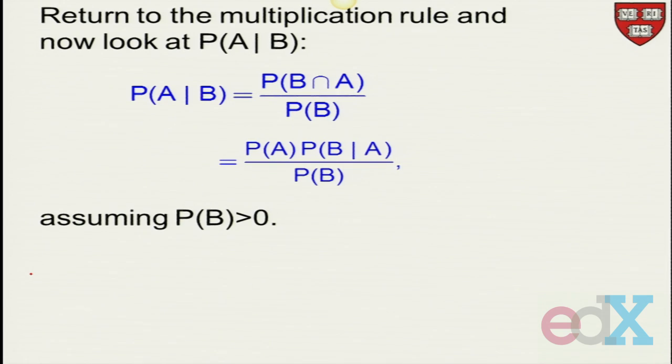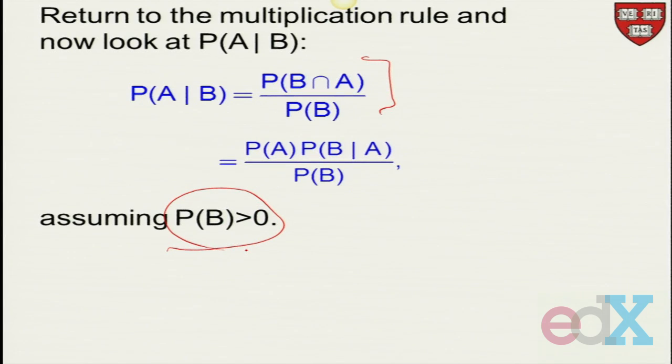All right, so let's return to the multiplication rule and look at the probability of A given B. The rule says that this is the probability of B given A and A, divided by the probability of B. Once again, I'm assuming that P of B is greater than 0.